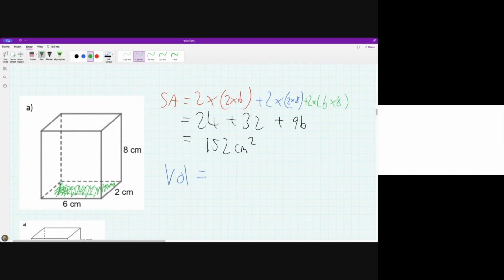You always want to find the area of the base, but then you have to do something else as well. So the volume is just going to be 6 times 2 times 8, because it's this, and then it's 8 centimeters high. So I'm going to get 96, but the units are going to be centimeters cubed.